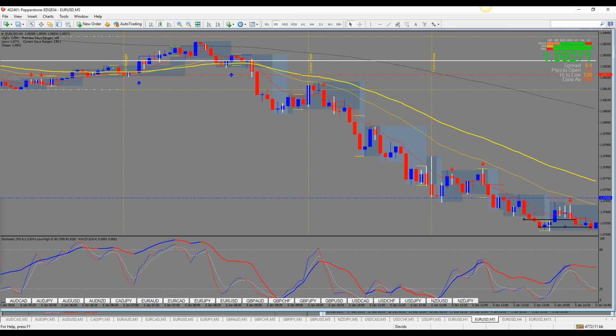Are all those pairs relatively low spread? All except for the pound Aussie is a little high, and the pound Swiss is a little high. If it's more than 3 pips, I won't get into it.